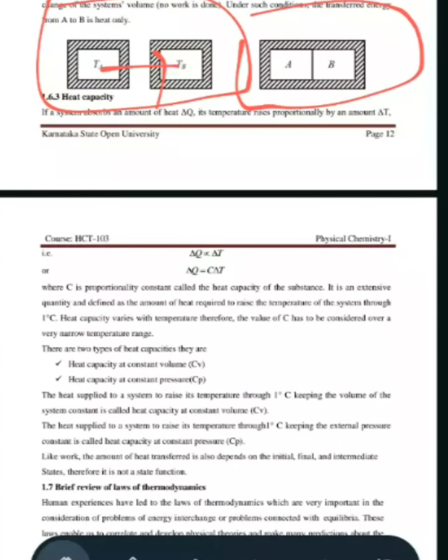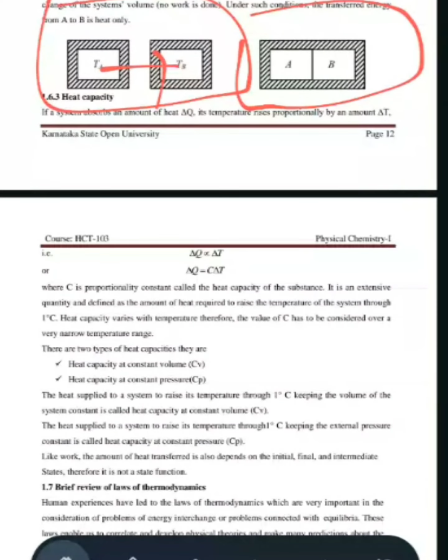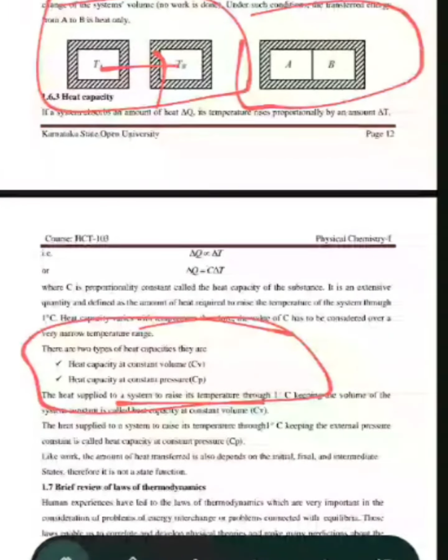So heat capacity at constant volume is denoted as CV, and heat capacity at constant pressure is denoted as Cp. Here, the heat supplied to a system by raising the temperature by 1 degree, keeping volume constant, means whatever reactants we have taken are kept constant.